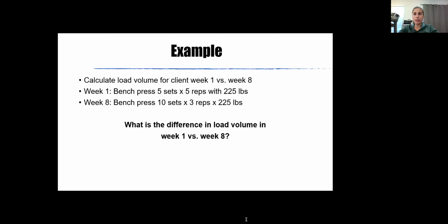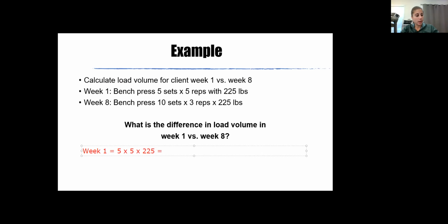So how do we calculate load volume for week 1? You got it. Thank you, Evan. So 5 times 5, 5 sets, times 5 reps, times 225 pounds, right?